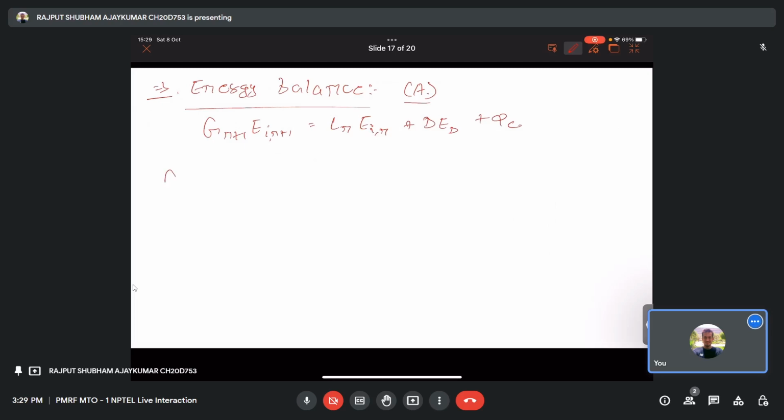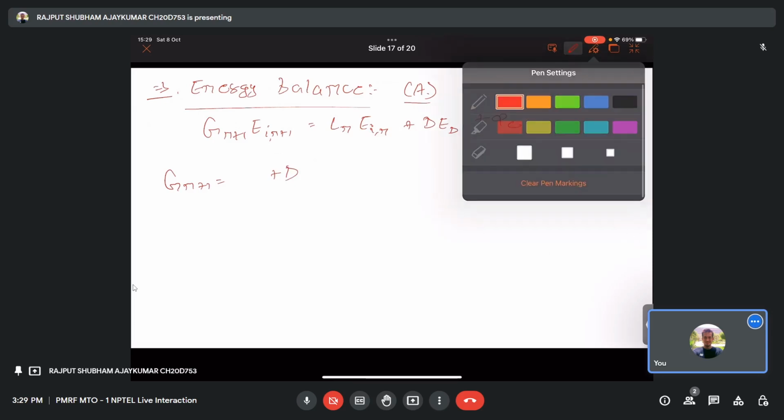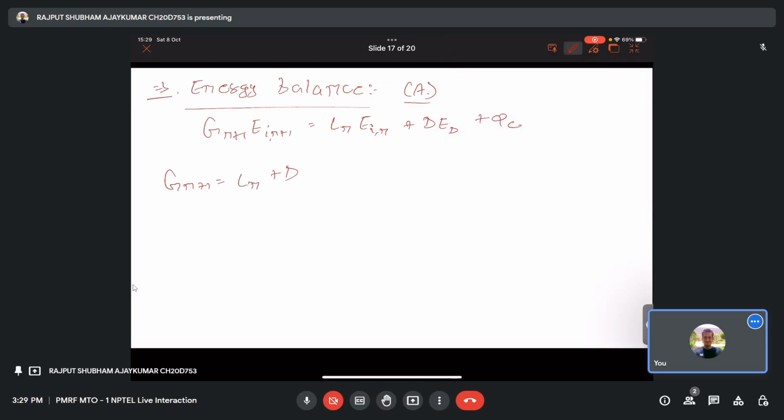We already have Gn+1 = Ln + D, and the component balance Gn+1 yn+1 = Ln xn + D xD.